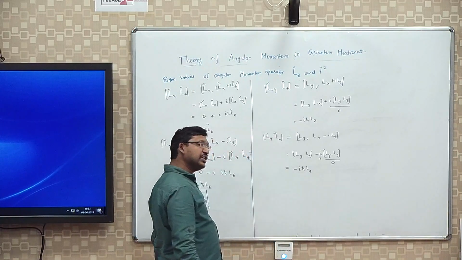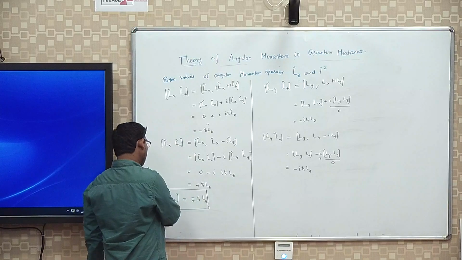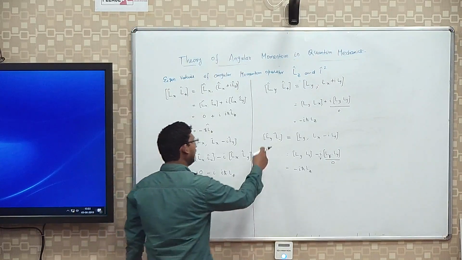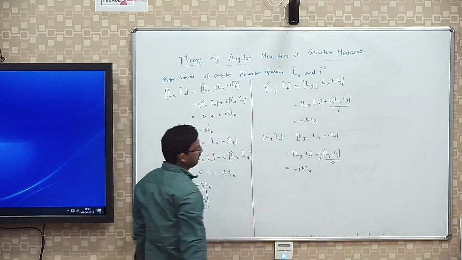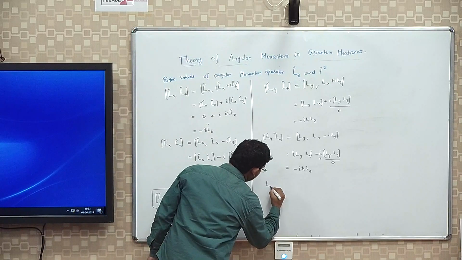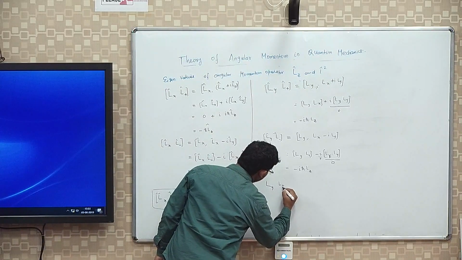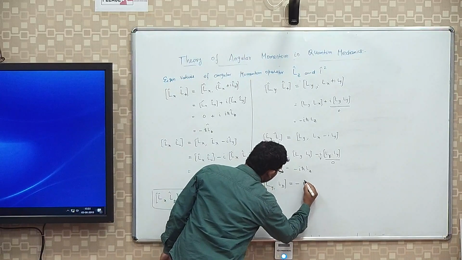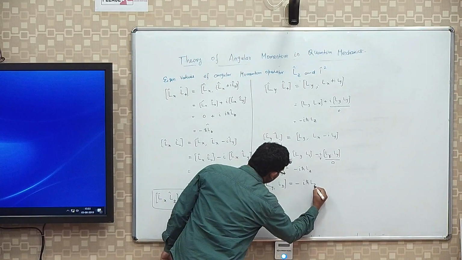So there is no change of sign like how Lx commutes with the raising and lowering operator. In case of Ly, if it commutes with the raising and lowering operator, there is no sign change. So we can write Ly with L plus or minus is nothing but minus i h cross Lz only.